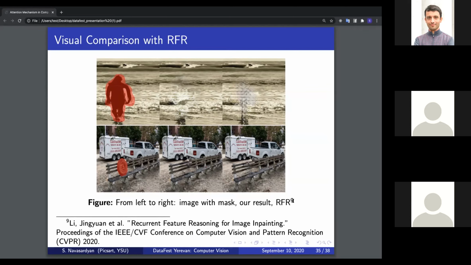But in contrast with us, they use not patch level similarities, but pixel level similarities and pixel level attention. By this comparison, we would like to mention that using patch level similarities will produce results which keep feature continuity, structure continuities.